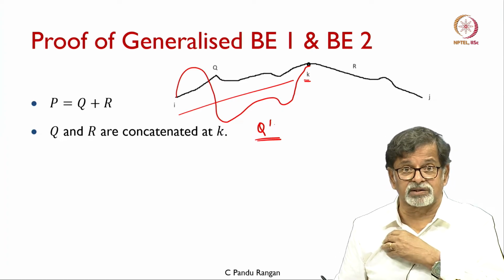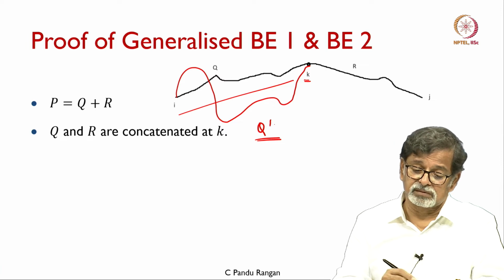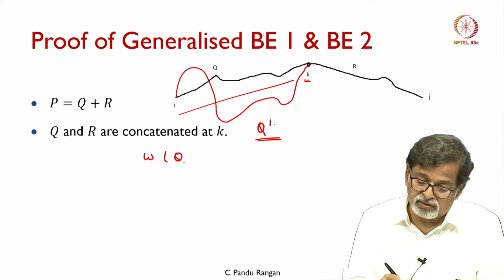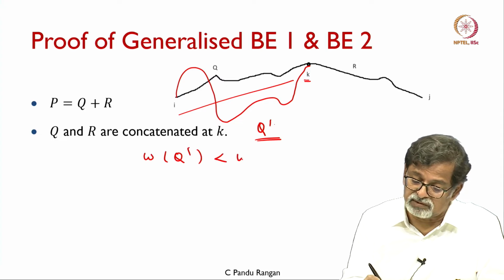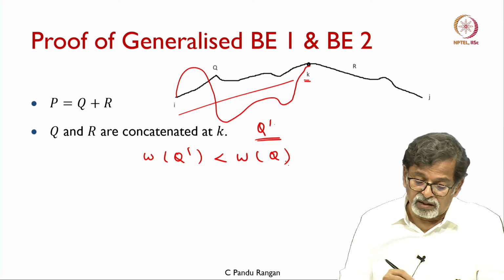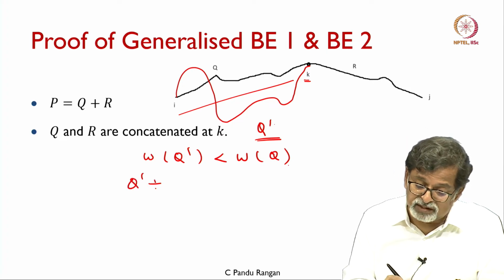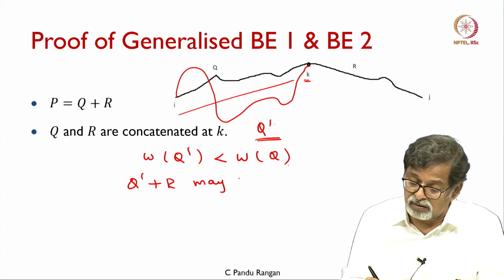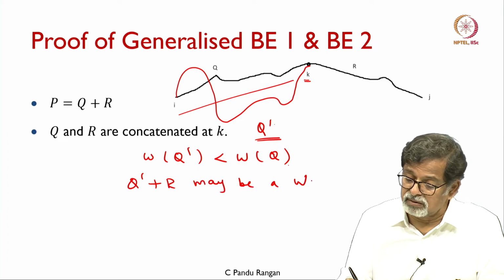Q dash is the shortest path, therefore weight of Q dash will be less than weight of Q. Now Q dash plus R may be a walk.